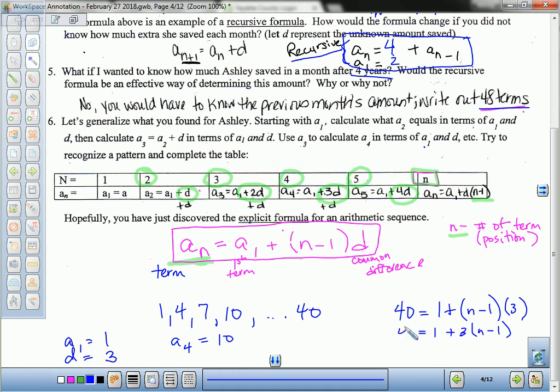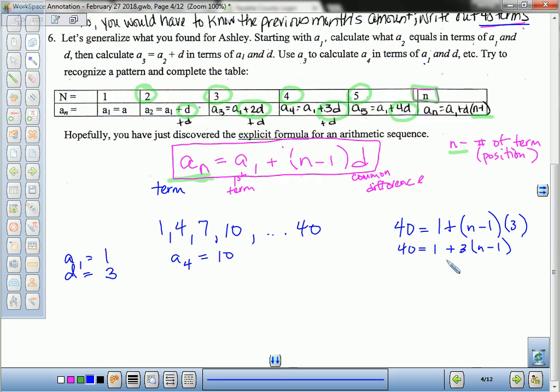It's the same thing. Okay, and then we just solve this. So we'd subtract 1. We divide by 3. We'd add 1. So 40 is the 14th term. N is 14. It's the 14th term.